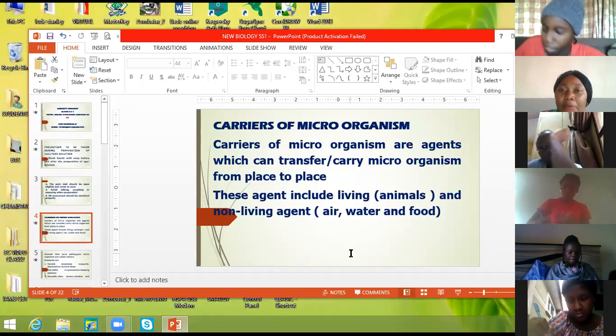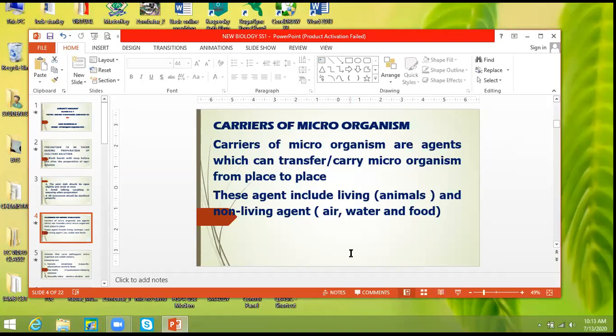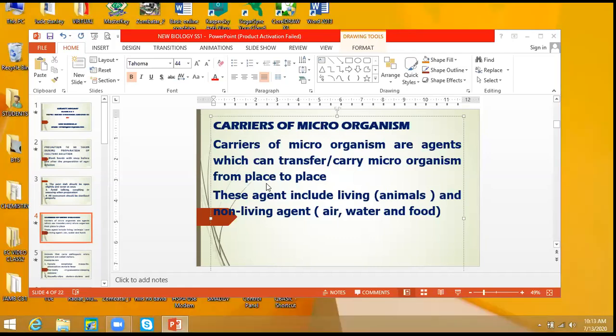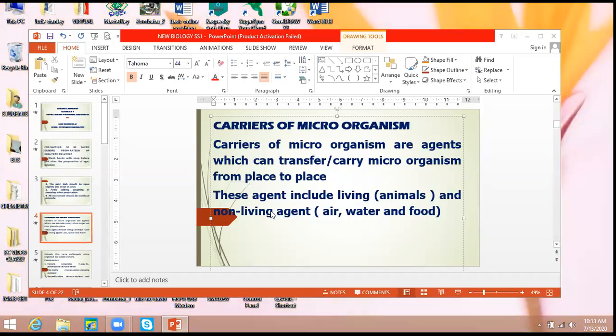Now, carriers of microorganisms. Carriers of microorganisms are agents which can transfer or carry microorganisms from one place to another.